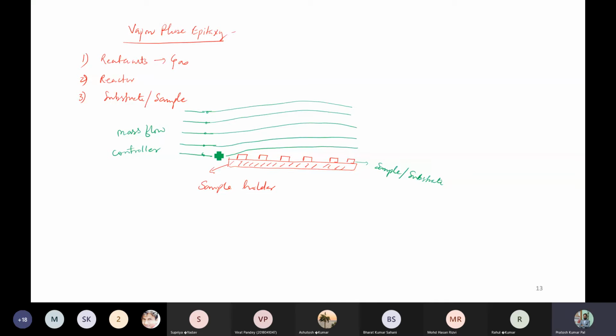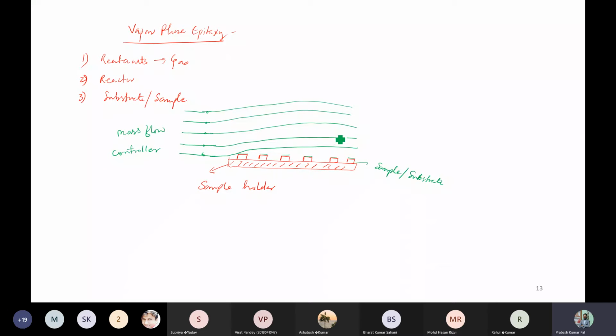So this is how the gas flow is controlled, and it is placed into a chamber. This is the sample holder, and samples are placed here. Once the gas is passed over the samples, there will be some reaction between the gaseous molecules and the substrate. Based on the reaction, there will be a deposition of a layer onto the substrate, and this layer deposition is considered epitaxial layer growth.